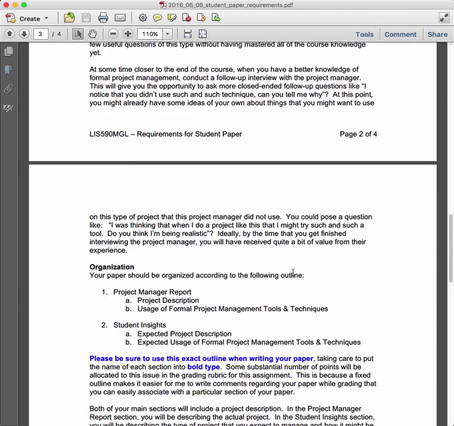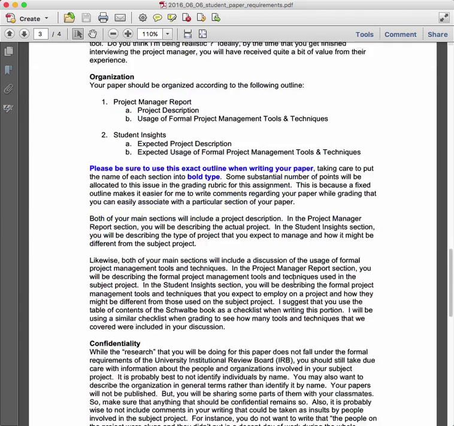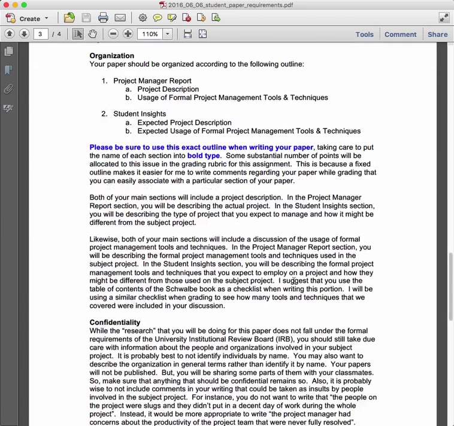The next section here has to do with the organization. I ask you to organize your report in the way that I've shown here in the requirements. There should be 2 sections, project manager report and student insights. And each of them should have 2 subparts, project description and the usage of formal project management tools and techniques.